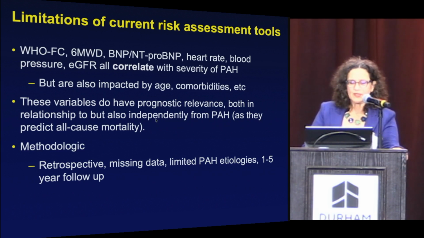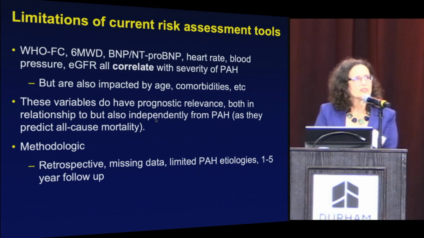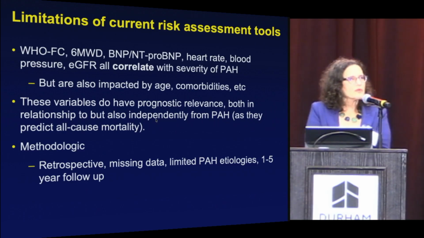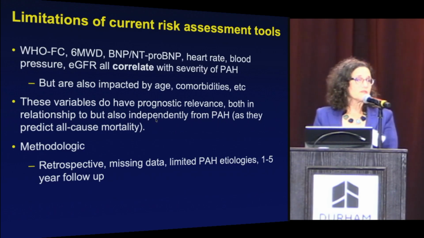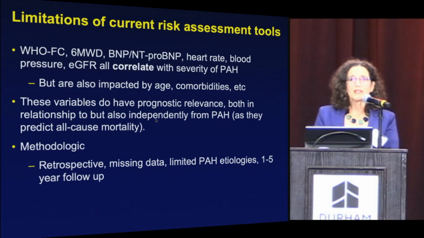Now, as much as I think that's all very important, I think there are incredible limitations to the risk assessment tools that we use. And I think this is where we really need to go in the future in the next World Symposium. While all of those non-invasive variables, functional class, hall walk, biomarkers, heart rate, blood pressure, and renal function, correlate with the severity of pulmonary hypertension, they also correlate with a lot of other things like age and comorbidities.